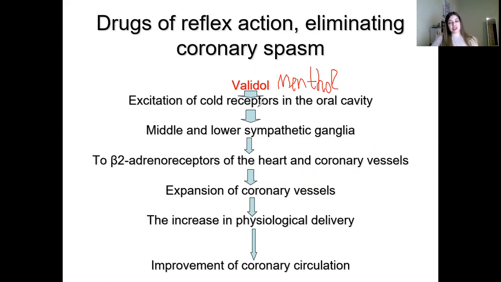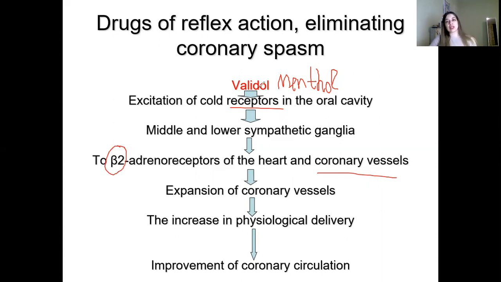Nothing special, seriously. Okay, the receptors send impulse to the middle and lower sympathetic ganglion. This sympathetic ganglion sends impulse to the beta-2 adrenoreceptors of the heart and coronary vessels. And we remember that beta-2 adrenoreceptors are responsible for relaxation of the vessels.